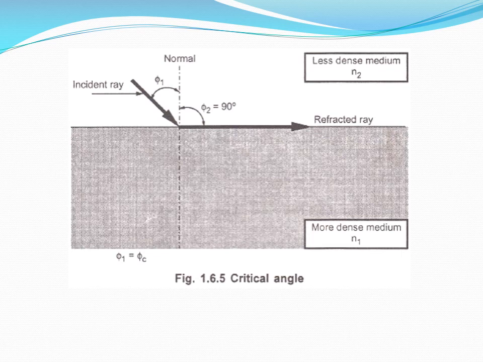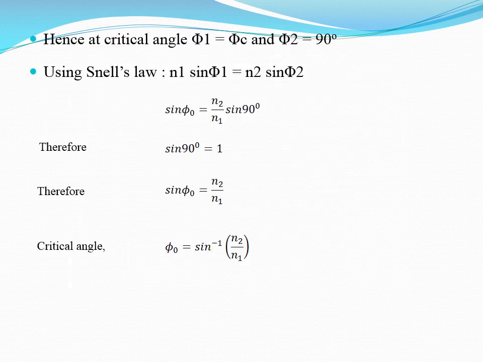This is how we define a critical angle. At the critical angle, the angle of incidence is equal to the critical angle, and the angle of refraction will be equal to 90 degrees.